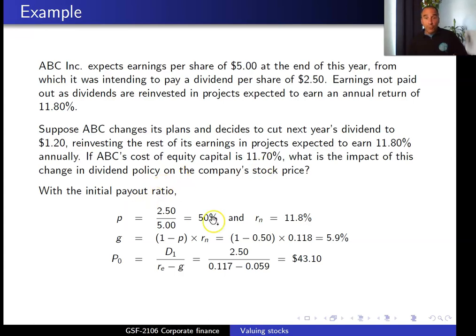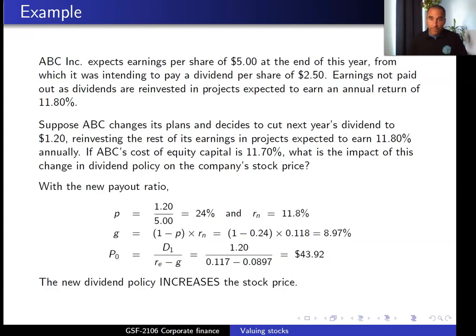So with the initial payout ratio of 50%, the expected growth rate was 5.9%, and with a coming dividend of $2.50, this was yielding a stock price of $43.10.